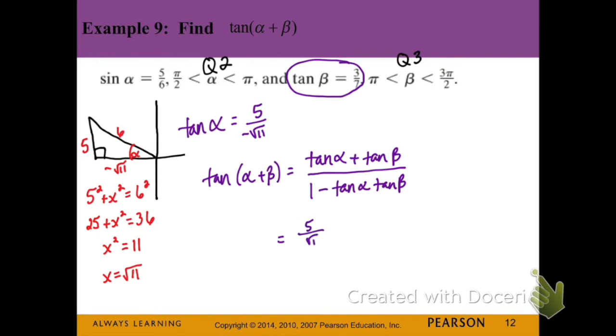I'm going to plug in what I know for tangent of alpha and tangent of beta. I can simplify the bottom by multiplying those two fractions together.